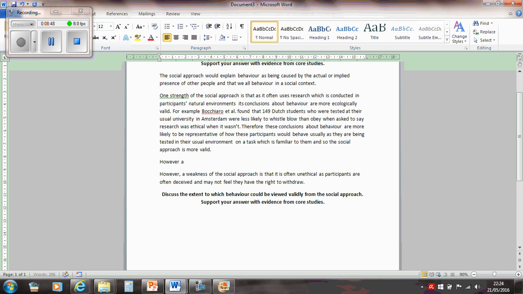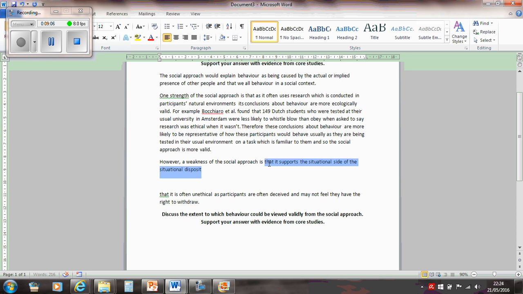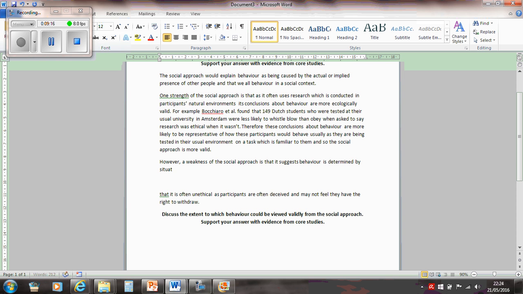However, the weakness of the social approach is that it suggests behaviour is determined by situational factors and therefore ignores the influence of dispositional factors such as free will.